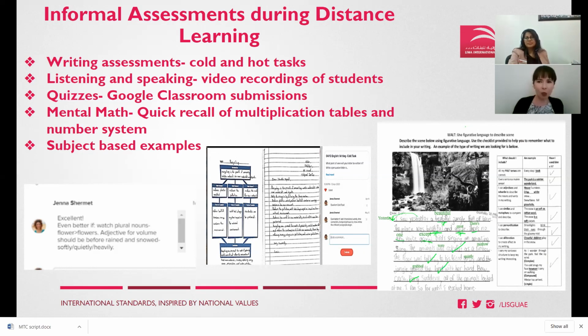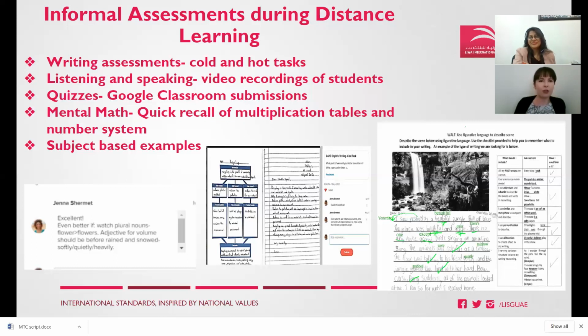Another really helpful informal assessment that we did was where we got the children to record themselves, either explaining a science concept or recording themselves doing a science experiment. We could hear what vocabulary they were using. So again, that was a really helpful assessment tool. We continued to use some of the things that we were already using in class, such as mental maths, using those websites that help with the quick recall of multiplication tables and the number systems.